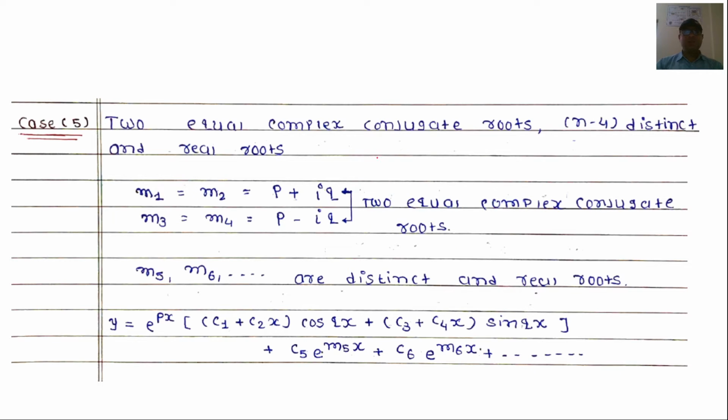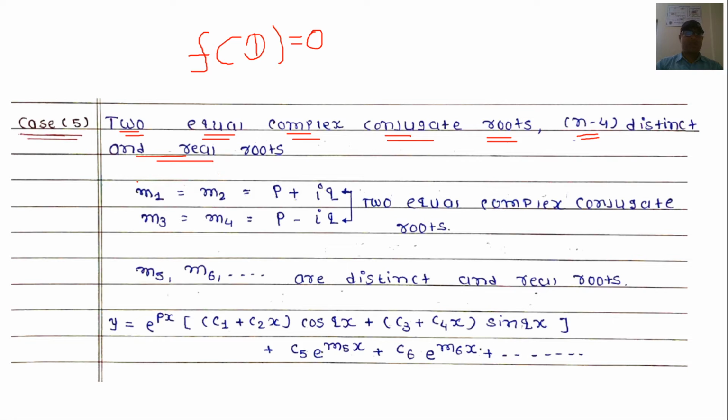Now case number 5. Suppose the auxiliary equation f of D is equal to 0 has two equal complex conjugate roots and n minus 4 distinct and real roots.